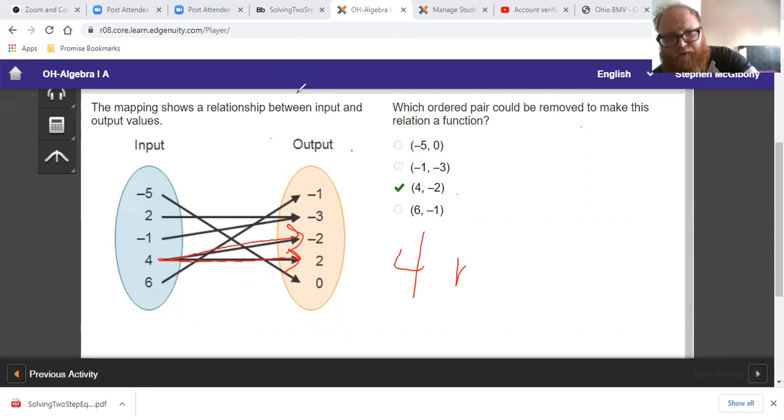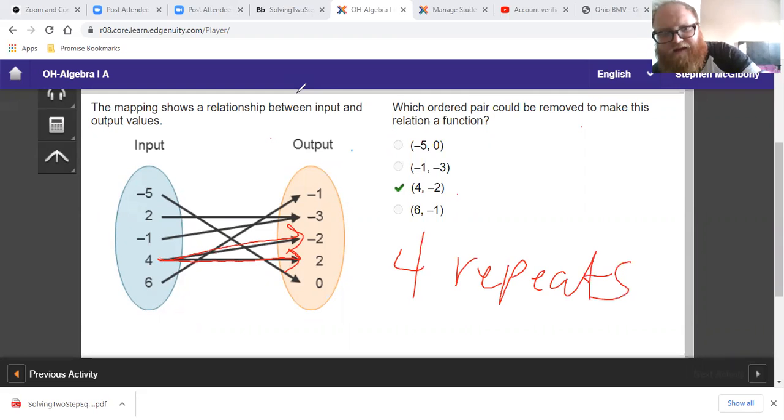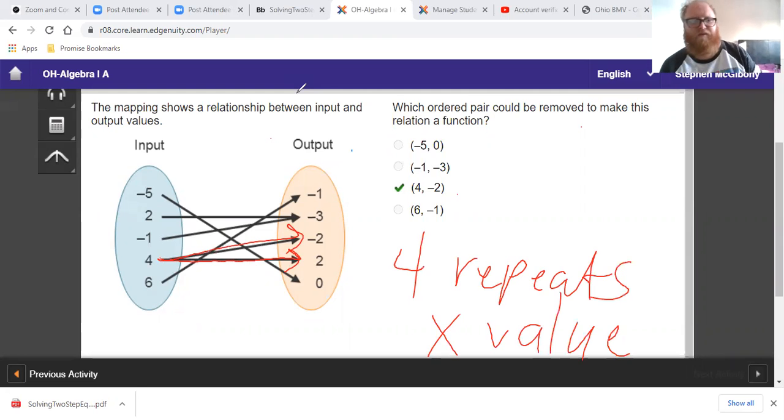So in other words, 4 repeats. And that is an x value because it's an input. So we have to delete one of the ordered pairs where 4 is an input. So we have to delete 4, -2. Or we could delete 4, +2, but that's not an option.